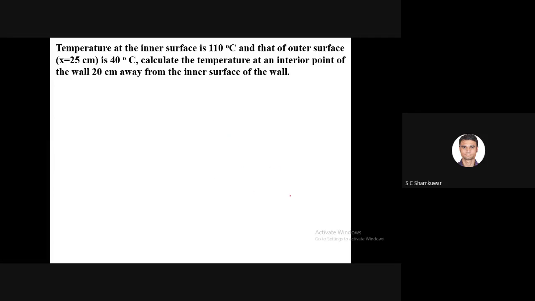What is given in the problem? Suppose this is one plate, and the temperature at the inner surface here is given as 110 degrees Celsius, and the temperature at the outer surface here, suppose T2, is 40 degrees Celsius.